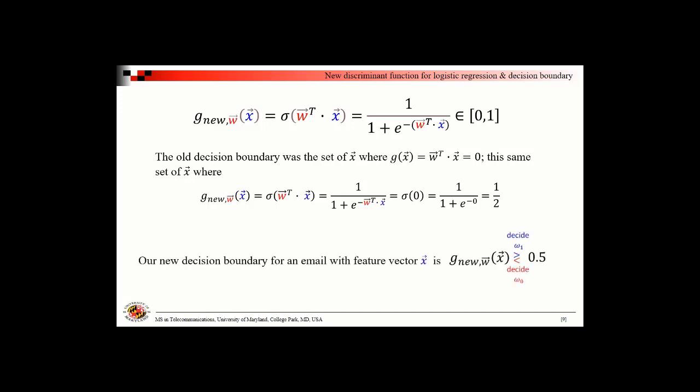That tells us that our new decision boundary for an email with feature vector X is wherever g nu of X will be equal to 1/2. In other words, if g nu of X is greater than 1/2, we're going to decide that the email is spam. If g nu of X is less than 1/2, we're going to decide that it's not spam.